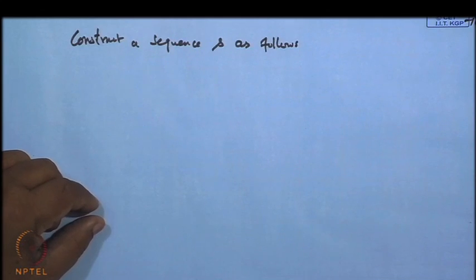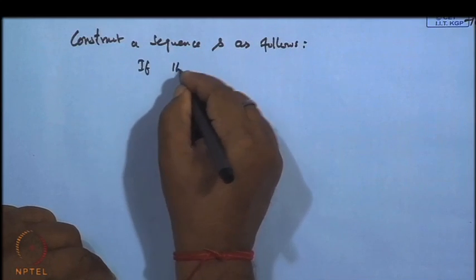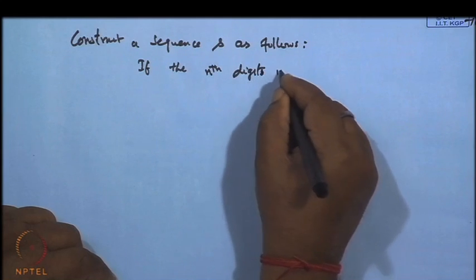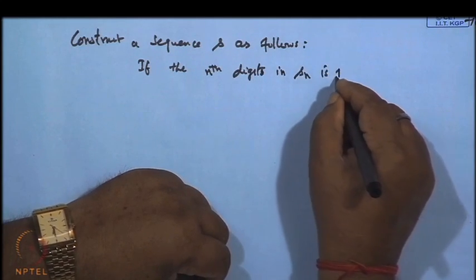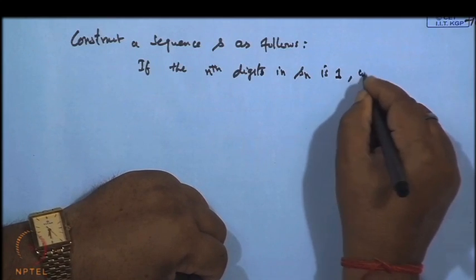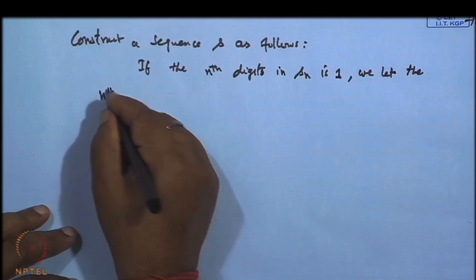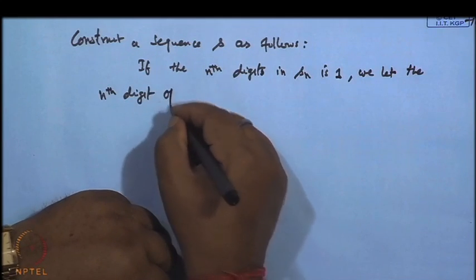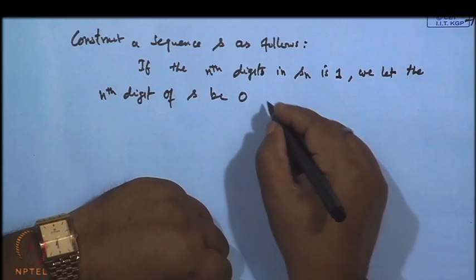The way we construct the sequence is that if the nth digit in Sn is 1, then we let the nth digit of S be 0, and vice versa.